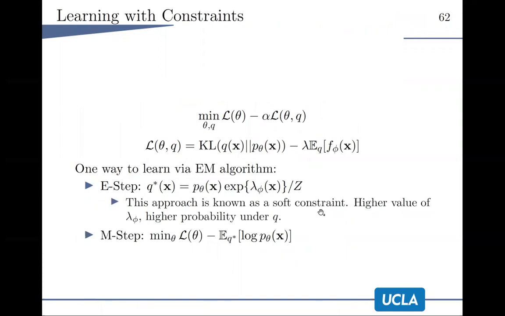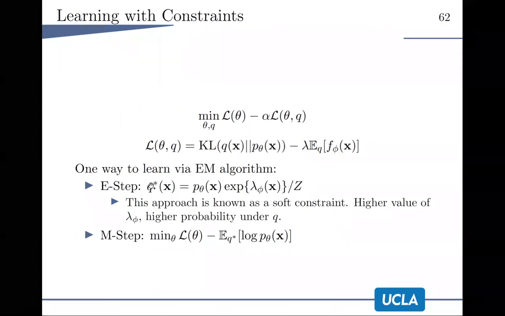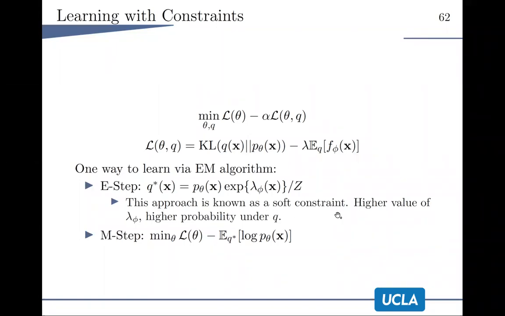Once again, we can apply an EM style algorithm to compute this. The E step could be like this: we can compute a Q star. This approach is known as a soft constraint.